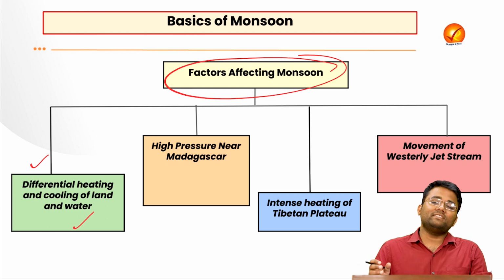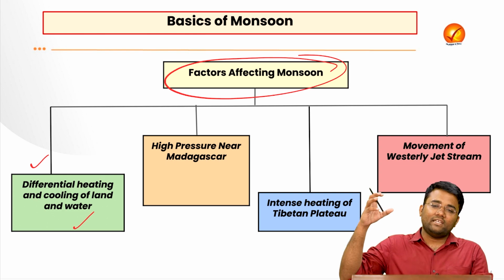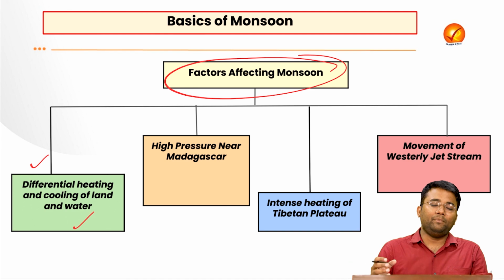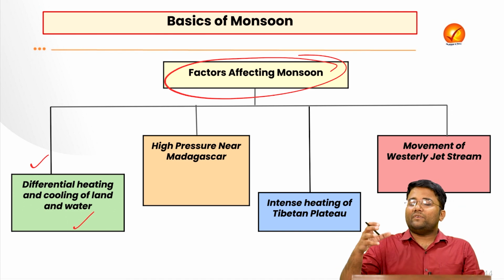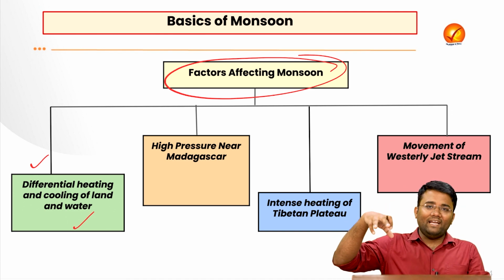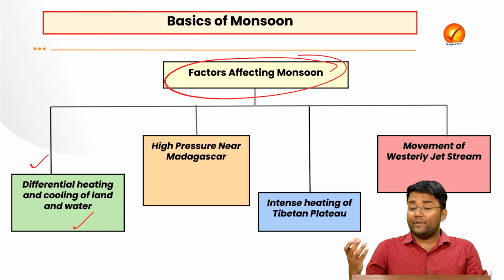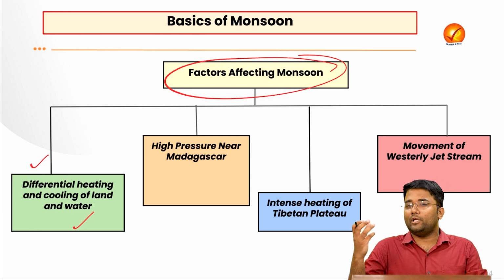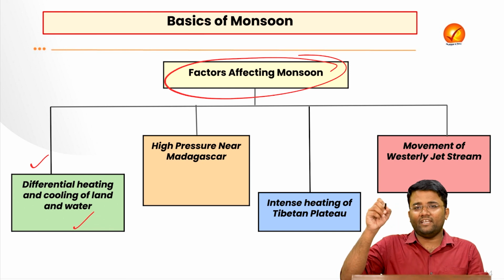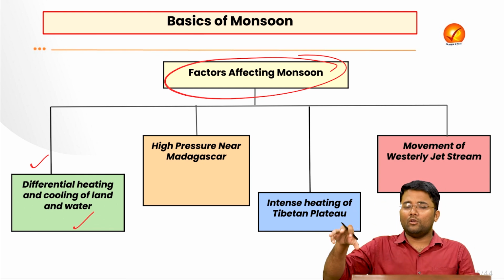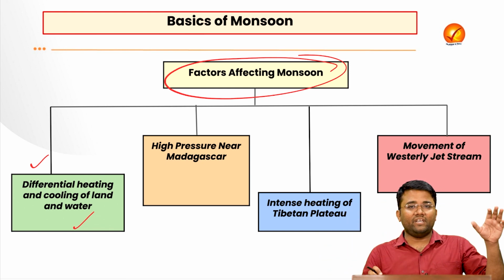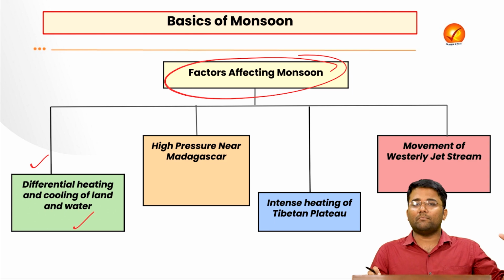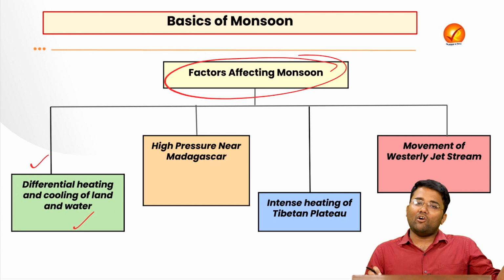Whereas when the sun is heating, or insolation is happening, and too much heat is supplied to the land areas, because of the apparent heating and the high temperature, a low pressure will be created over the land areas. And when there is low pressure over the land areas, comparatively the sea and water bodies will take much more time to get warmer. So obviously they will be cooler.